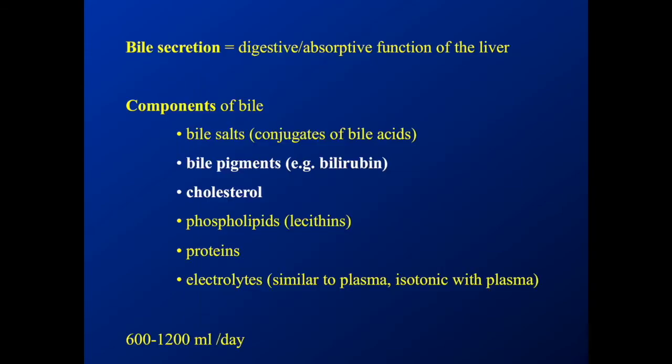So the things that create gallstones, obviously bile secretion is the main digestive absorption function of the liver, and the components of bile are shown here. The ones that contribute to stone formation are the bile pigments, i.e. bilirubin, and cholesterol.